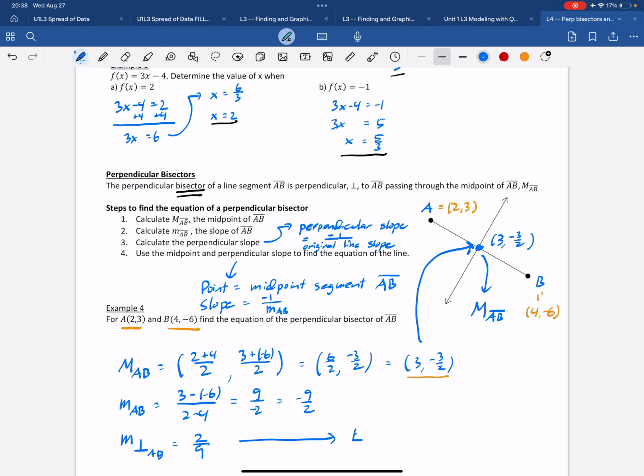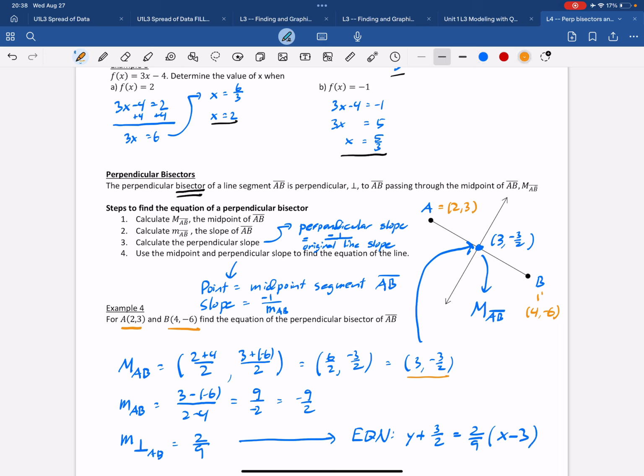Our equation is y minus negative 3 over 2. So if I did y minus a negative, minus a negative is plus, equals, I always do that, it makes me mad, equals slope 2 over 9 times x minus 3.